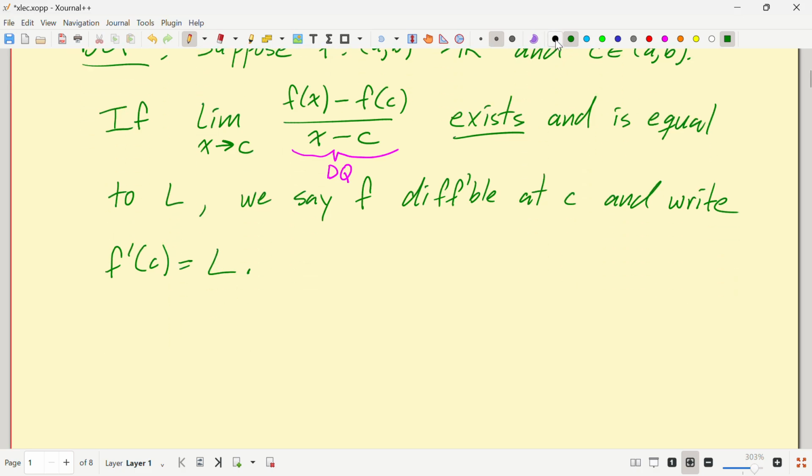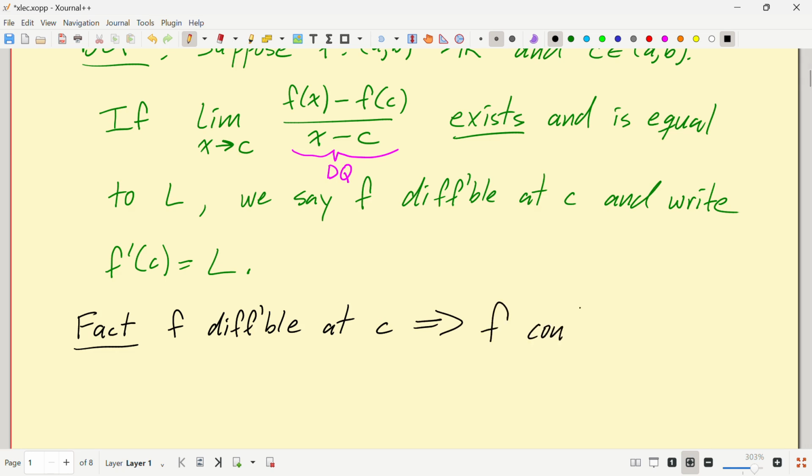So let's see, the first thing to show is that if f is differentiable at c, then f has to be continuous at c. So f differentiable at c implies f is continuous at c.